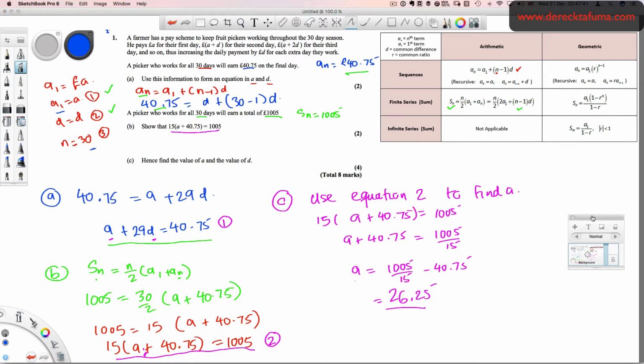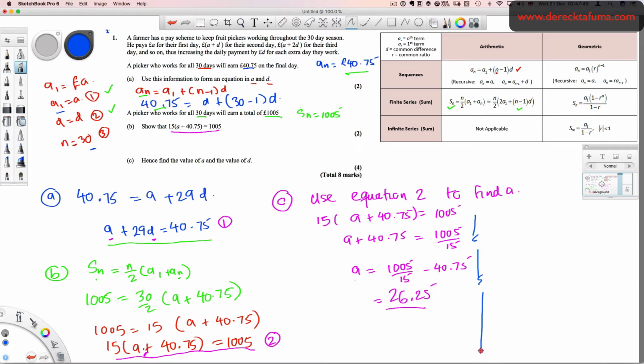Let me move this out of the way, and we're going to do the last one here. Using equation 1, we know that A plus 29D equals 40.75.